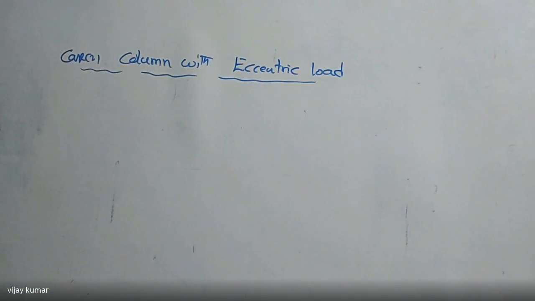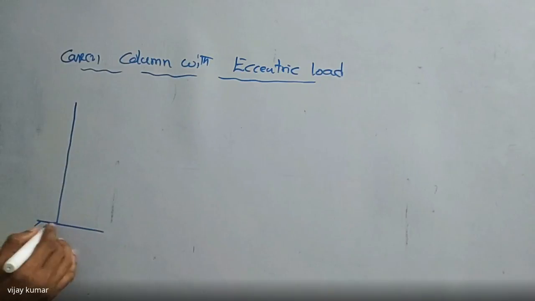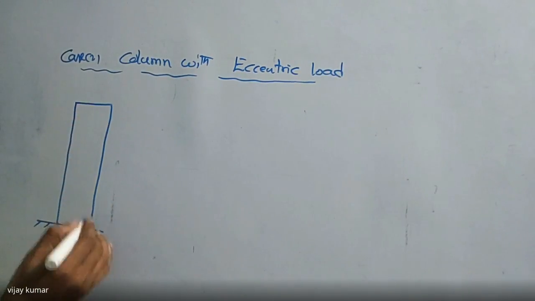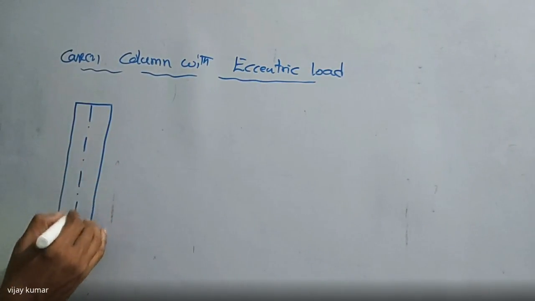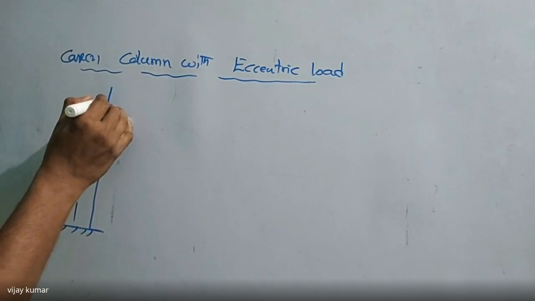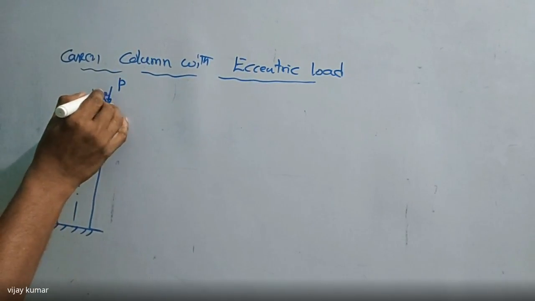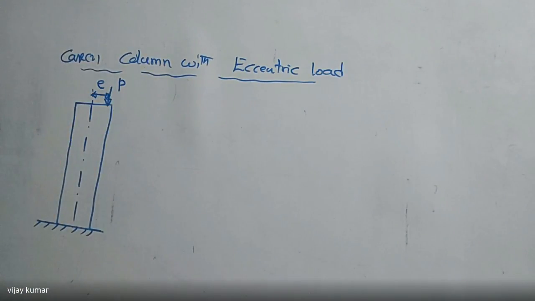Eccentric load means, for example, this is the column, this is the axis of the column. I'm going to apply a force like this. This force is nothing but P, and the distance between this axis and this P is E. E is called the eccentricity of the column. Have you got my point or not?